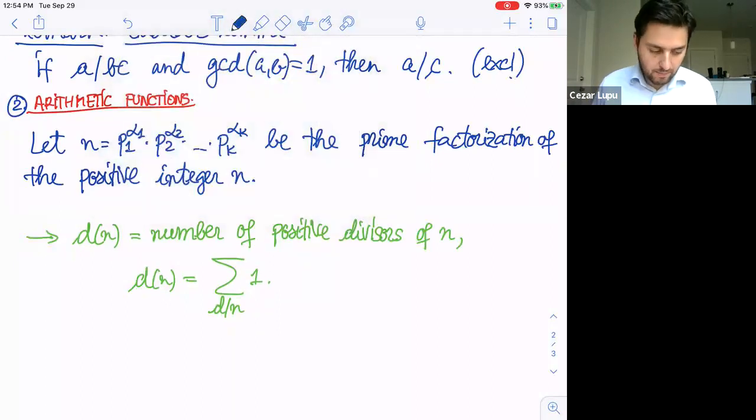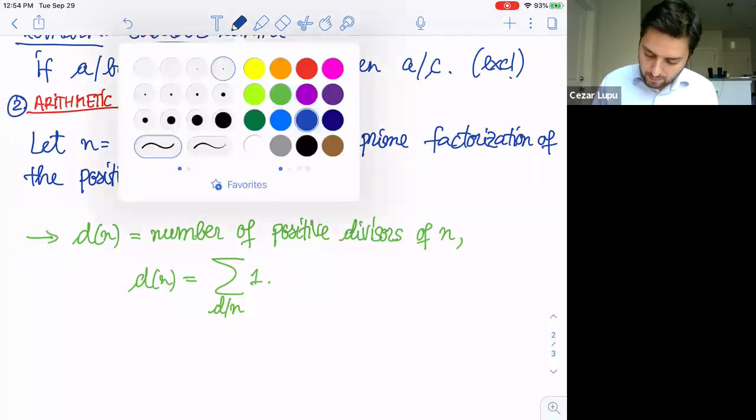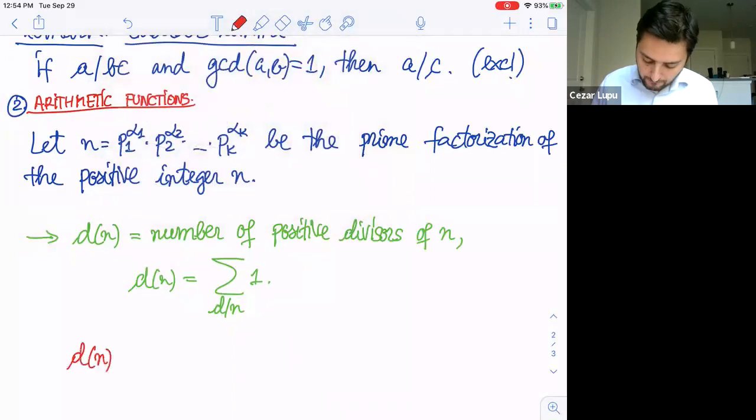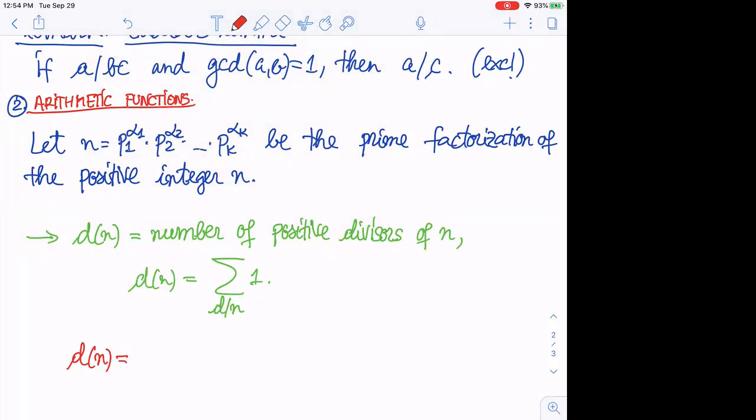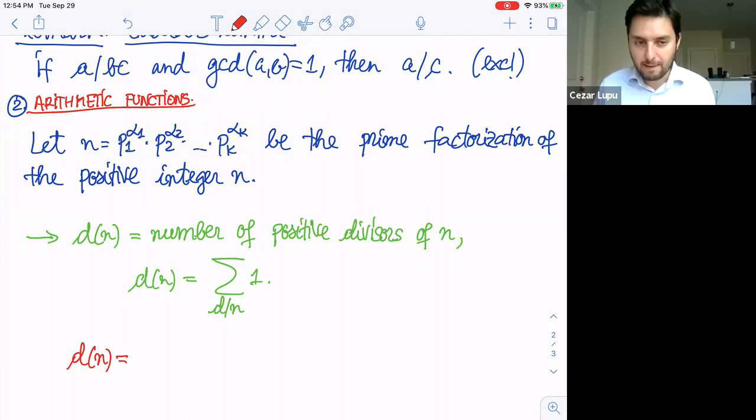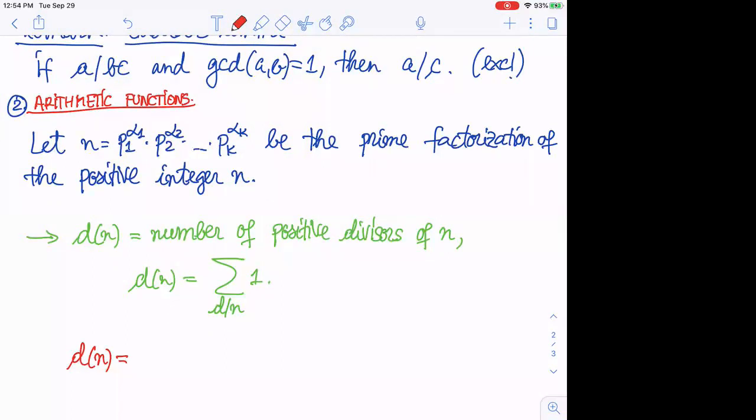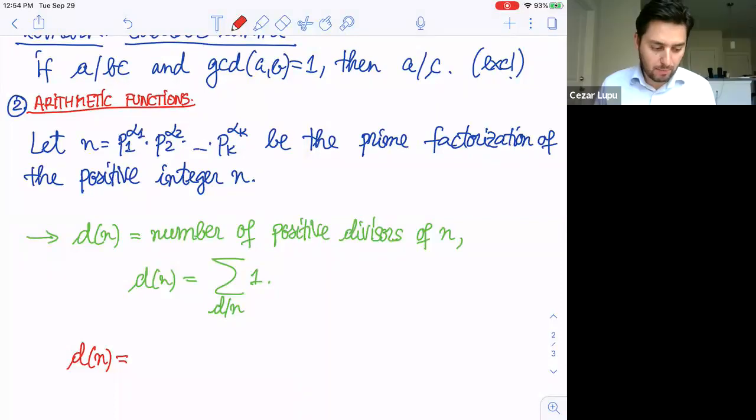Under the summation, it is d divides n. For example, d of n will be alpha 1 plus 1 times alpha 2 plus 1 times alpha k plus 1.